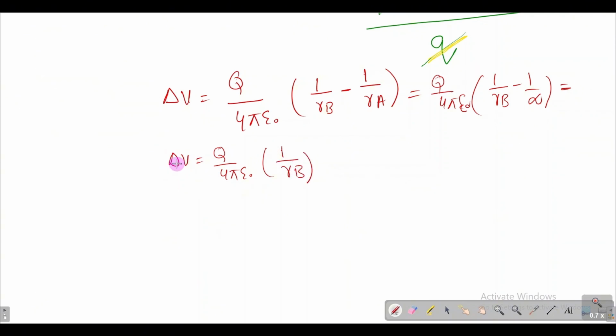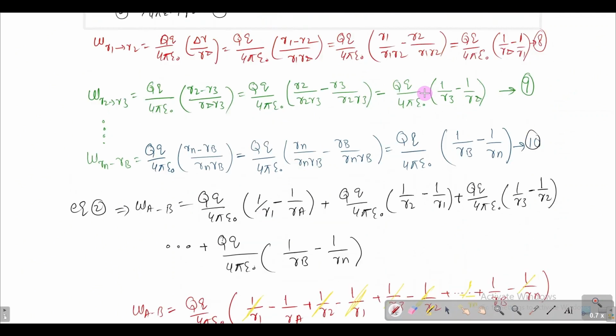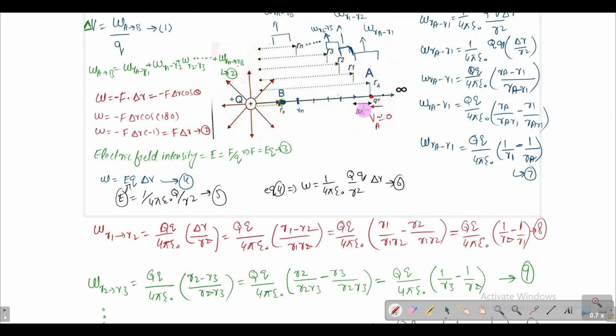This potential difference is actually VB minus VA. The potential at B is higher; the potential at B is more as compared to the potential at A. And the potential at A is 0 here, as we discussed before, because it is present at infinite distance from this source charge.